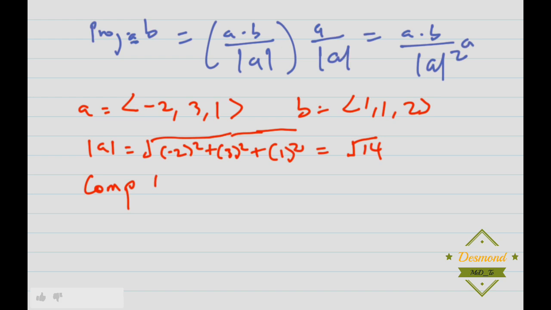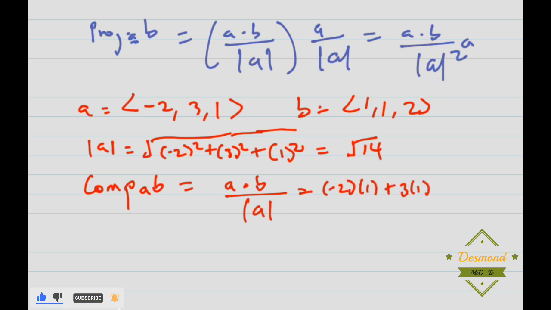So the scalar projection of B onto A is comp of B onto A equal to the dot product of A and B on the modulus of A. And when we do it, we should get -2 multiplying 1 plus 3 multiplying 1 plus 1 multiplying 2 on the root of 14.